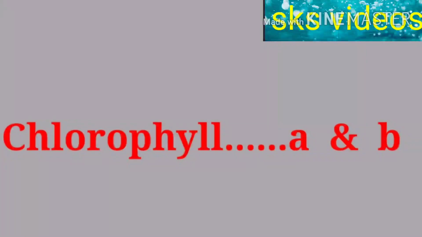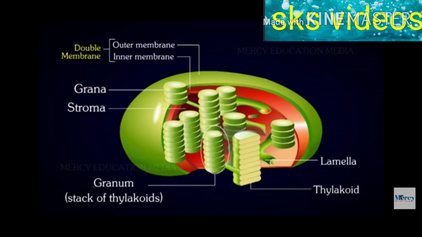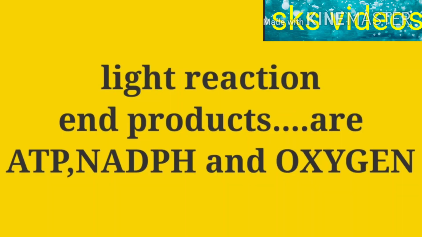After this we must know the function of these internal organelles. We have a colorful part called the thylakoid, which you call grana, green disc-like structures where the light reaction of photosynthesis takes place. In the light reaction, as you know, three products are formed.